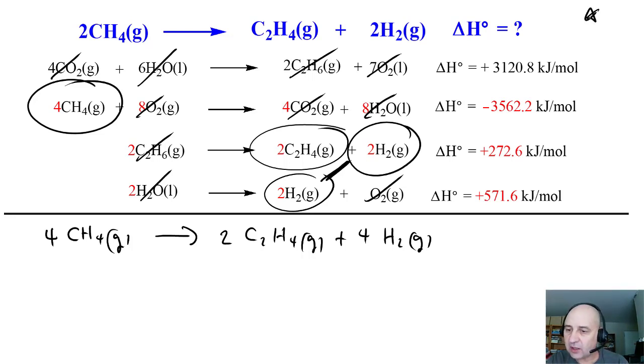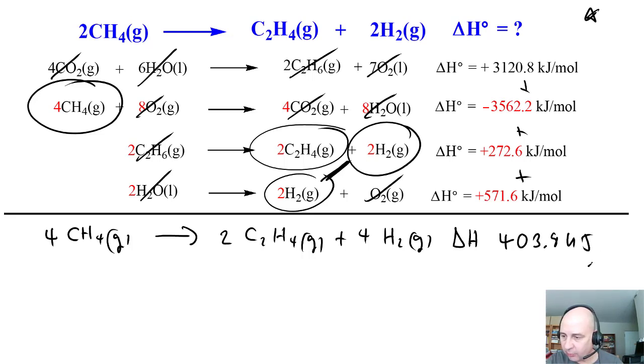However, we can now get the delta H for the way it is written by just adding all of those up, and so that produces 403.8 kilojoules per mole.